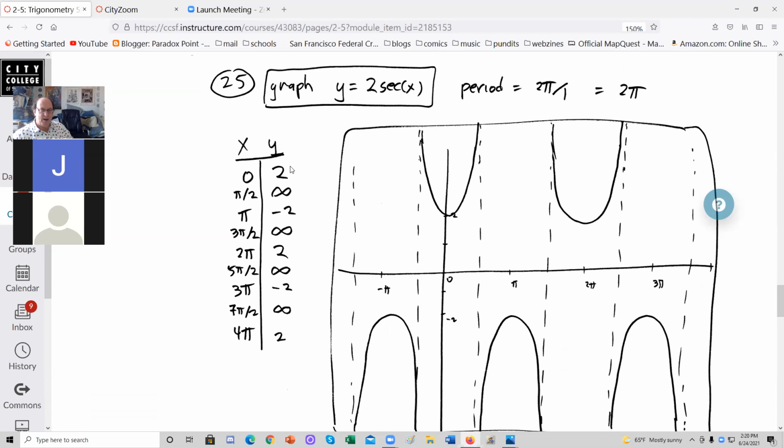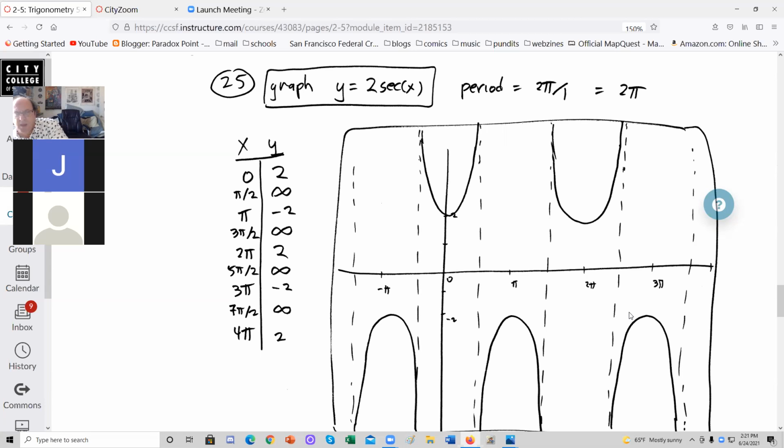There's a half period identity. At a half period, pi, it goes from 2 to minus 2, to plus 2, to minus 2, to plus 2. In between the plus and minus 2s are infinities. Here at pi halves, 3 pi halves, 5 pi halves, 7 pi halves, and so on. So at 0, we put a 2. At pi, we put a negative 2. At 2 pi, we put a 2. At 3 pi, we put a, that really should be a 4 pi.